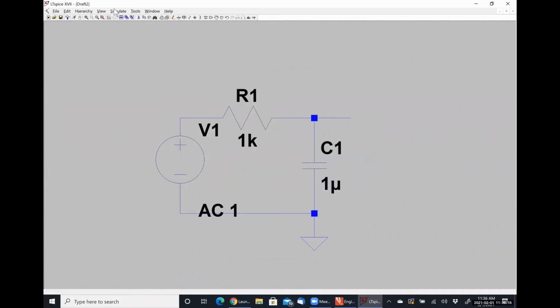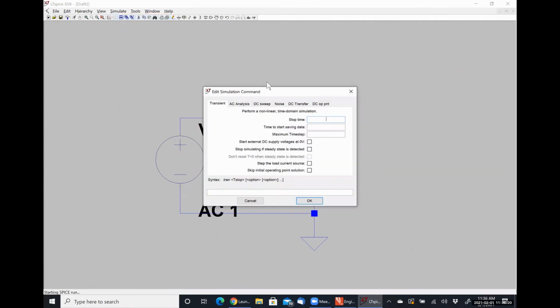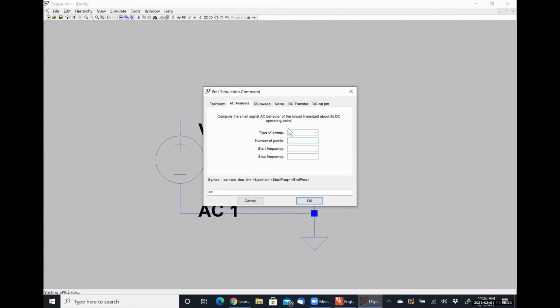That'll work. And simulate. So we are going to be doing the AC analysis. We can choose whether we're doing an octave, decade, or linear. We're going to go decades, number of points per decade. Let's do something pretty large here. So let's say 1,000.